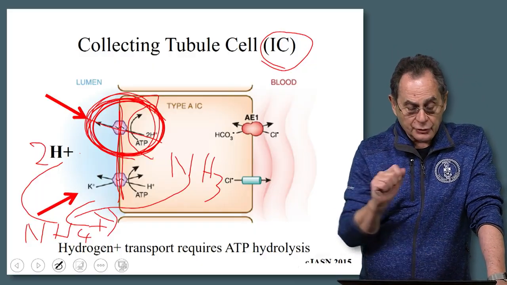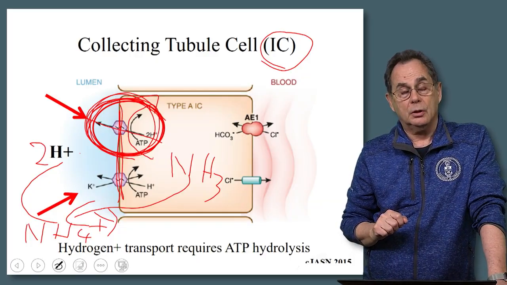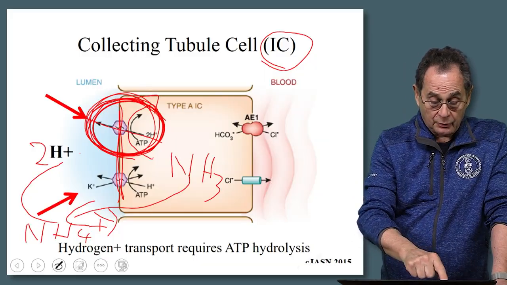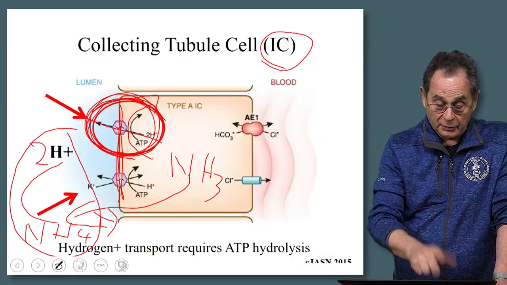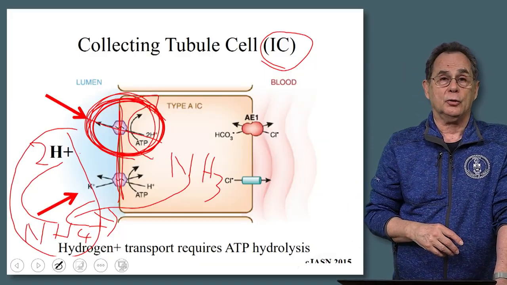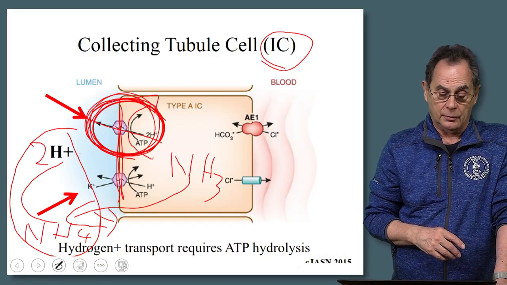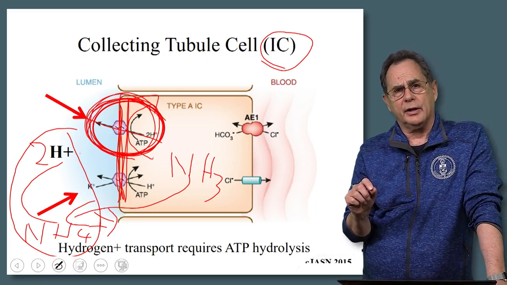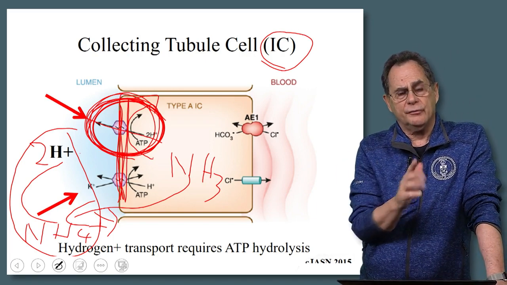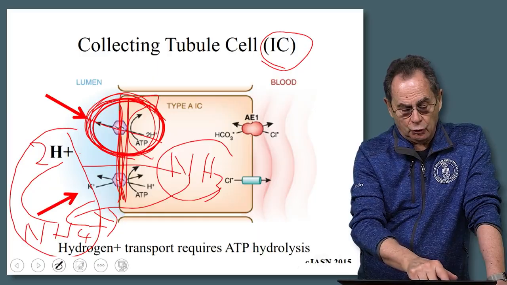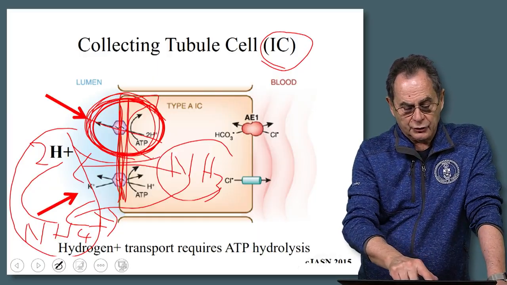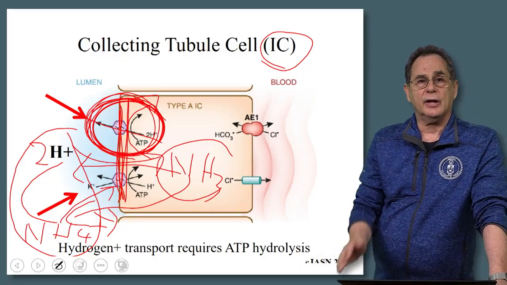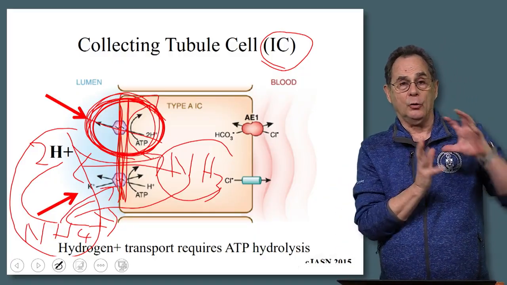And the hydrogen ATPase allows you to get that hydrogen into the lumen, where it can combine to form ammonium, and then the ammonium is washed in the luminal fluid and excreted into the urine. Now, the luminal membrane has some important permeability characteristics. It allows ammonia to diffuse from the cell into the lumen, but it doesn't allow hydrogen ion or ammonium to diffuse back into the collecting duct cell, so that the ammonium is trapped.